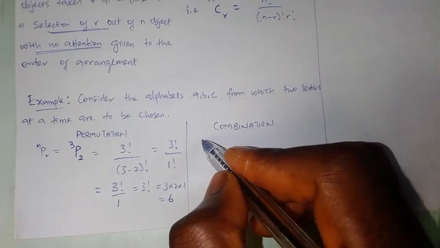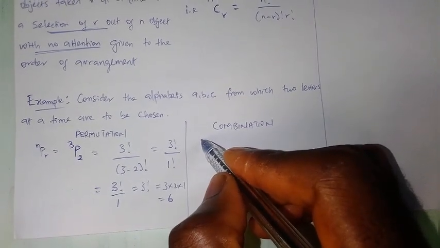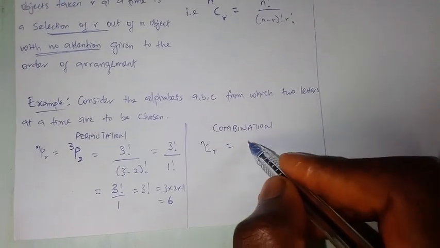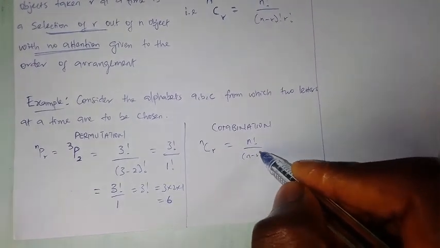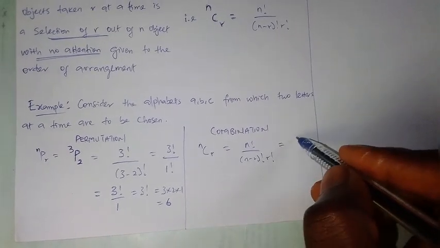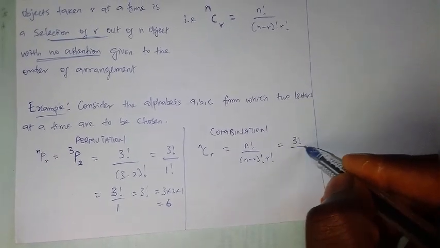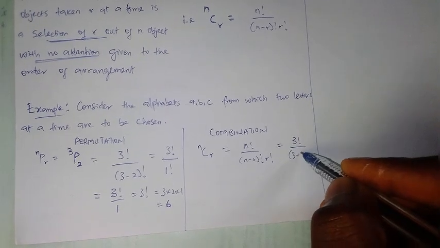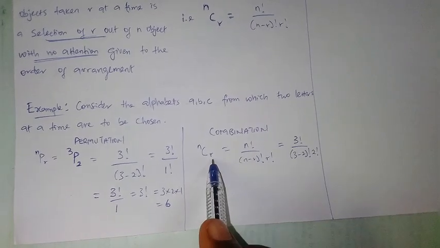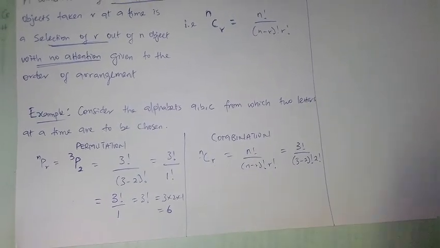Now for my combination, the formula here is nCr, which is n factorial over n minus r factorial, r factorial. In which case this becomes 3 factorial over 3 minus 2 factorial, 2 factorial. Now r represents 2, n represents 3.